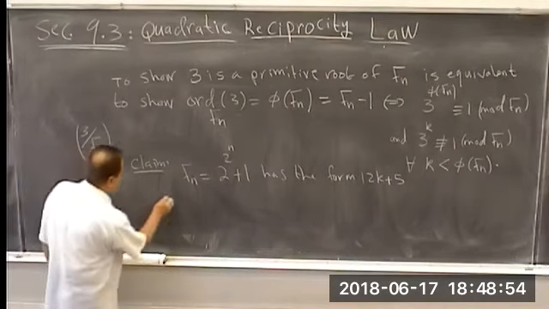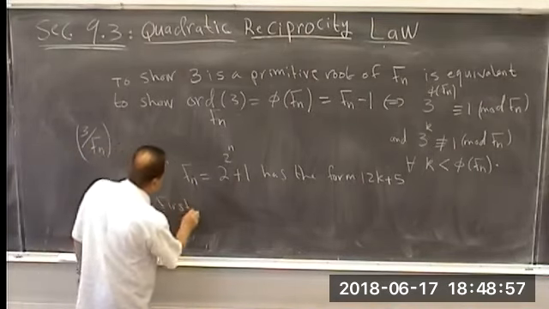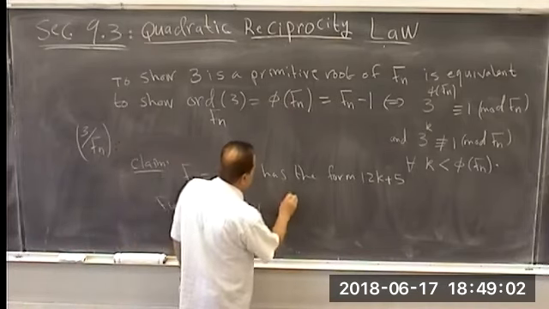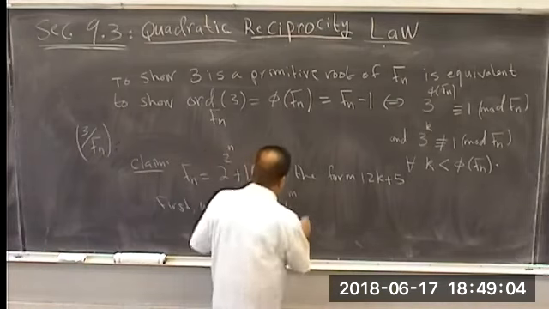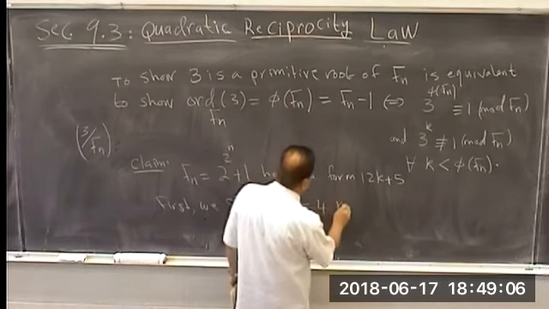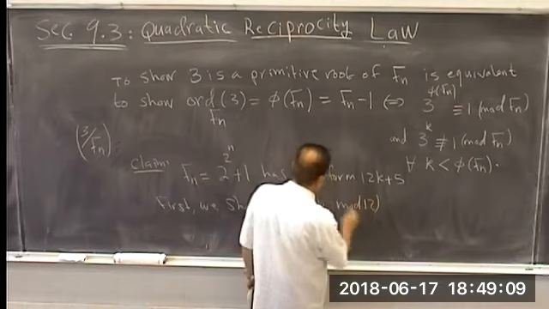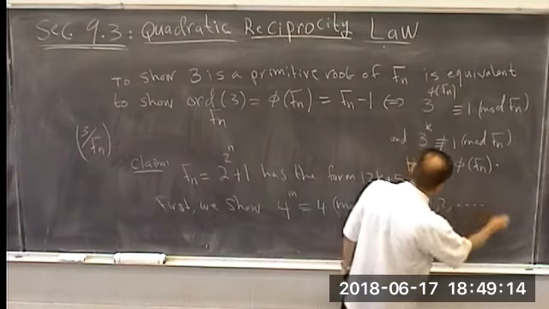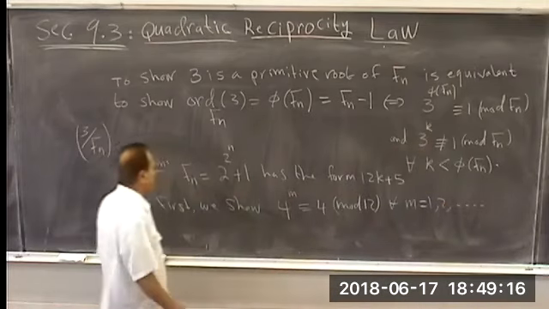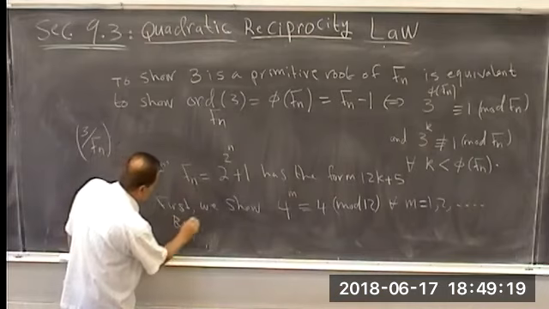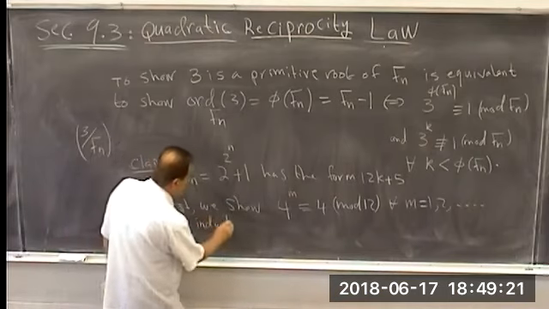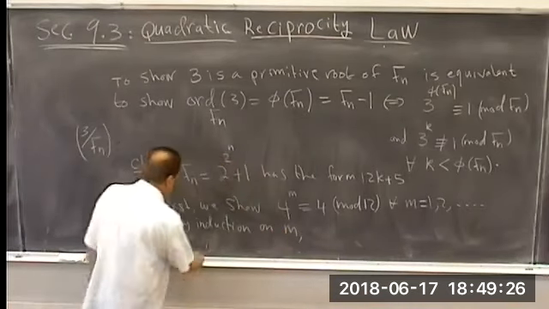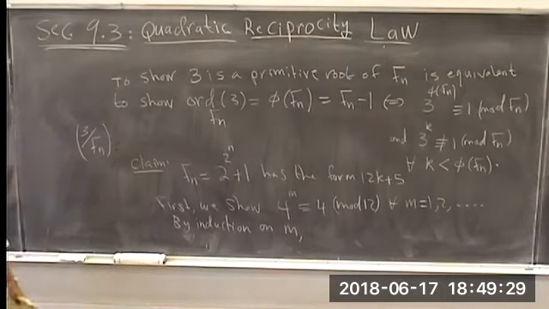First, we show 4 to the m is congruent to 4 mod 12 for every m greater than or equal to 1. And this one we're going to do by induction on m. So let's just start with m equal 1.